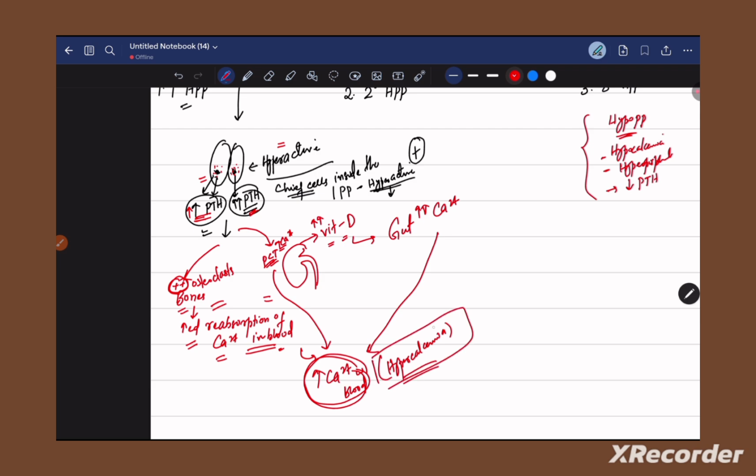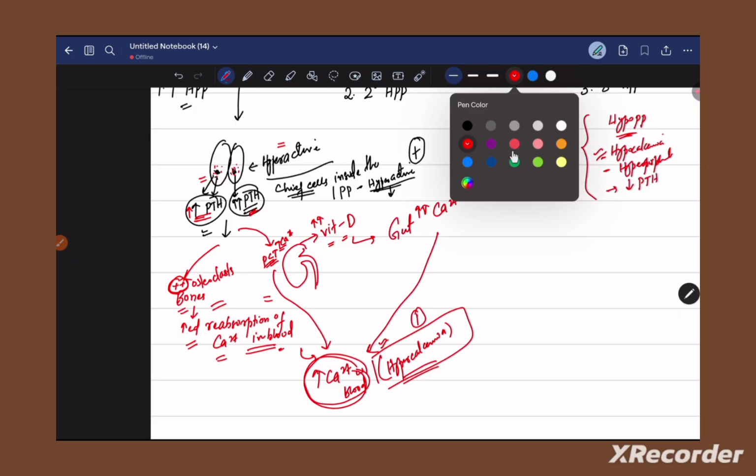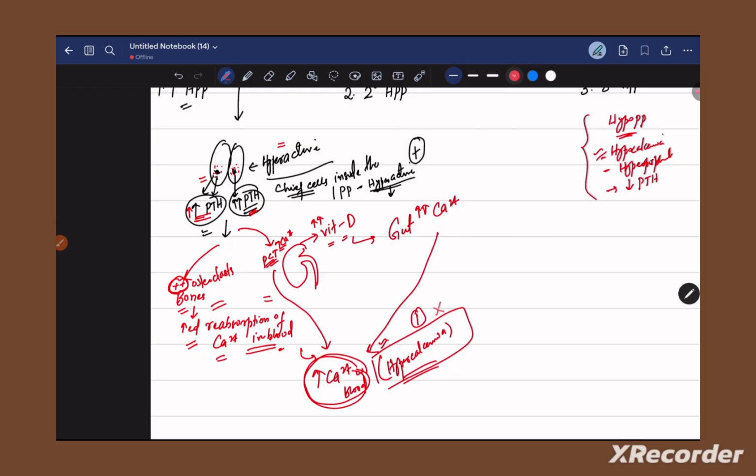This is the first finding. In hypoparathyroidism there was hypocalcemia. Here it is hypercalcemia, but please star it, because in hyperparathyroidism cases, in primary, secondary and tertiary, we will discuss that. In secondary you will see either normal or decreased calcium.